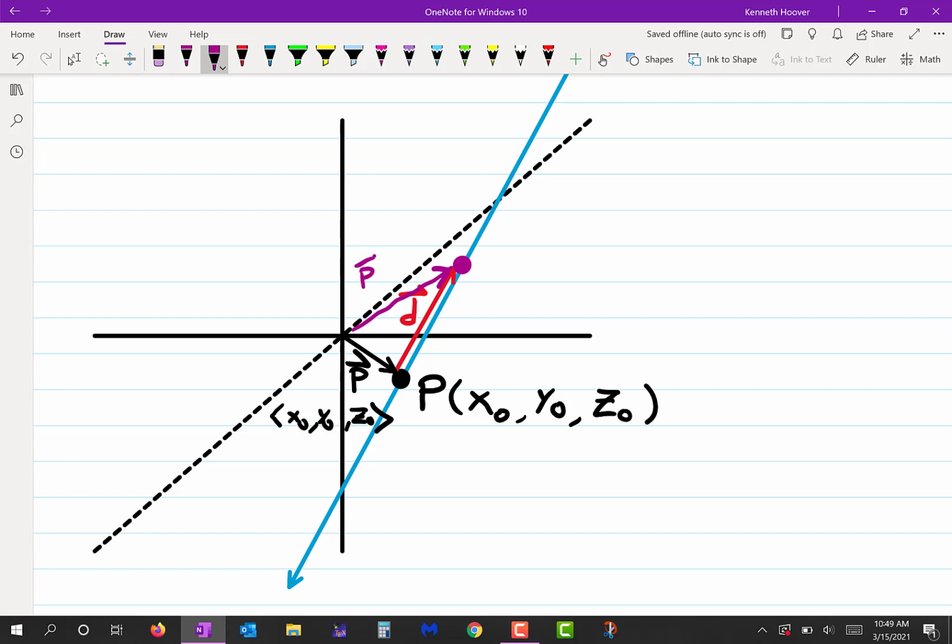So vector P plus vector D would put you right here at that point. Let's put vector D back where it was.